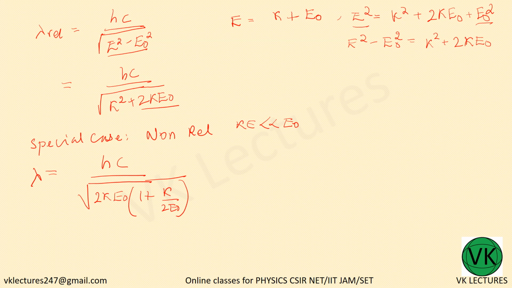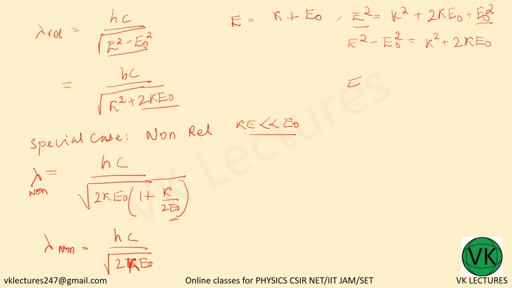Now this k divided by 2 times E naught is a very small quantity, less than 1. So you can write lambda non-relativistic is equal to hc divided by under root 2k E naught.